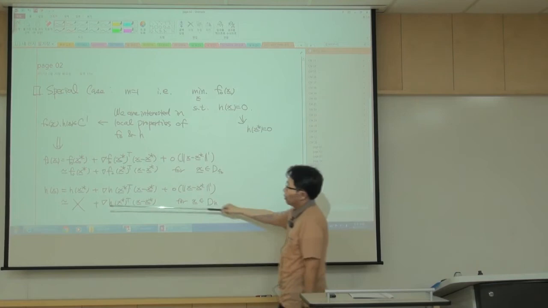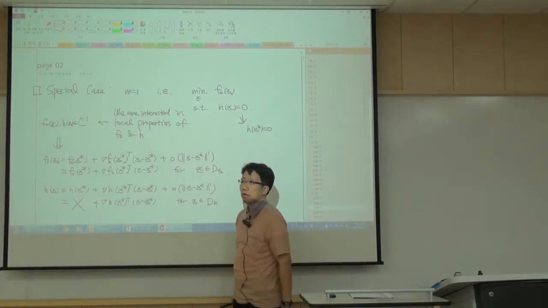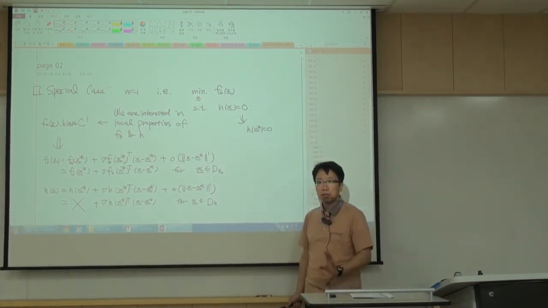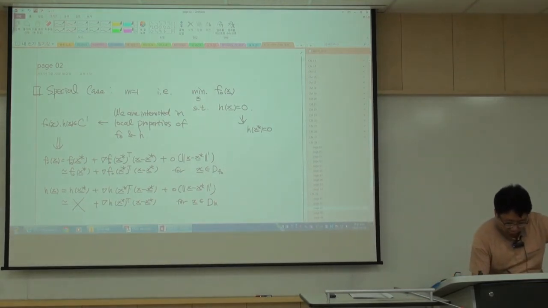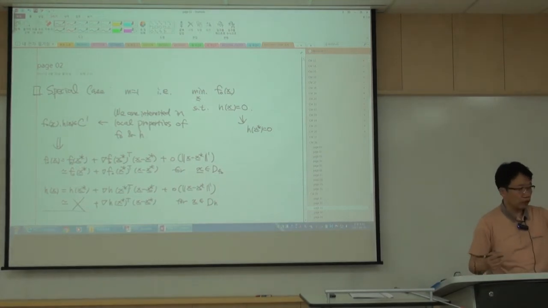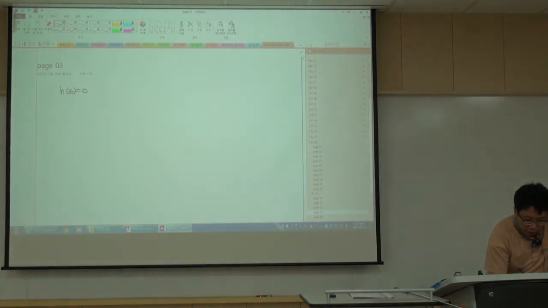Now let's see first the constraint set, first order approximated. Got it? So what we want to do is that we want to set this function equals 0 around x star. So h of x equals 0 is almost the same as what?